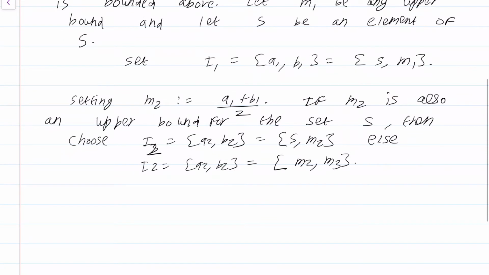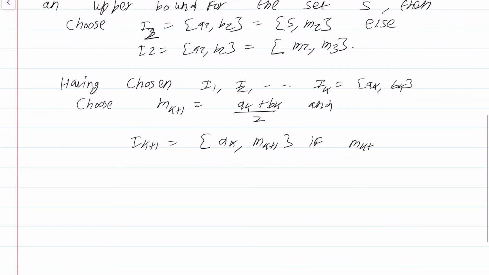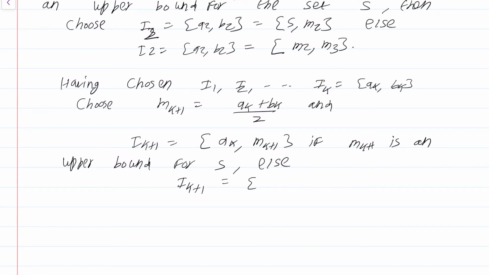Okay. Now, having chosen I1, I2, up to Ik to be [Ak, Bk], choose M(k+1) to be equal to (Ak plus Bk) by 2 and I(k+1) to be equal to [Ak, M(k+1)] if M(k+1) is an upper bound for S, else I(k+1) is going to be equal to [M(k+1), Bk].